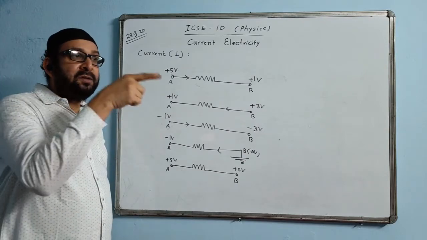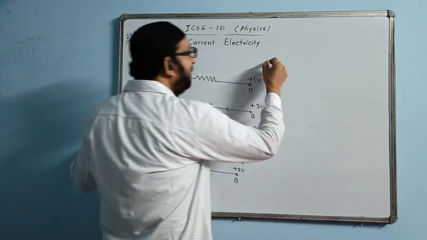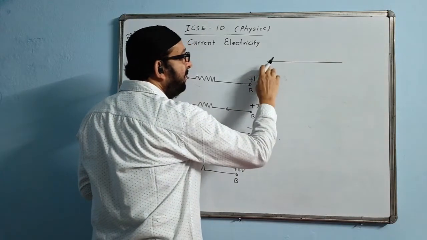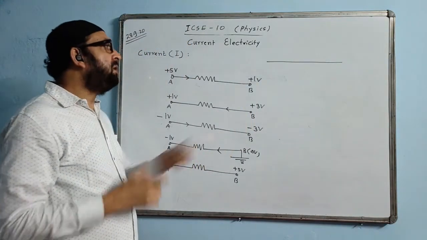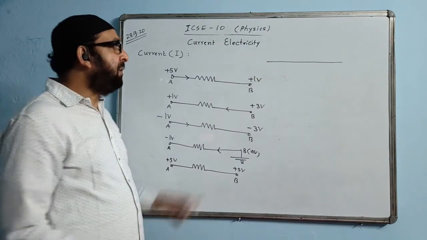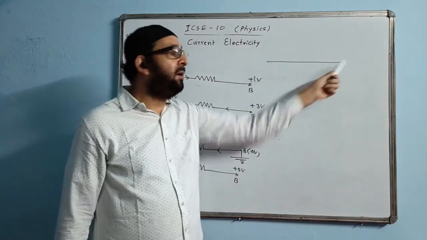Because the potential of a single wire is the same throughout. Electrical wire is single, so potential will be the same throughout. Suppose this is a live wire, the potential is positive and the value will be the same everywhere. If the potential of the wire is the same everywhere, will current flow?